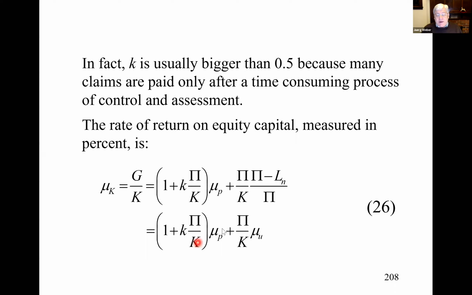Mu divided by K is called the leverage ratio. So two things here. First, the return on equity is a linear combination of the return on the assets of the insurance company and the underwriting return. And the weights depend on the so-called leverage ratio.